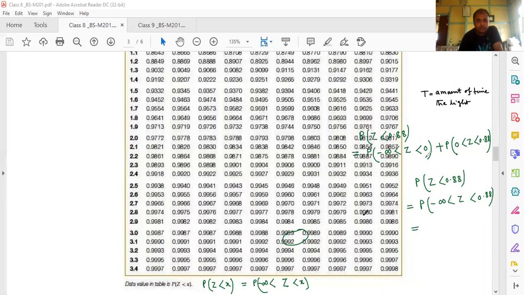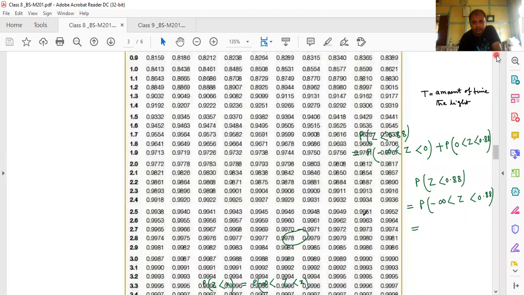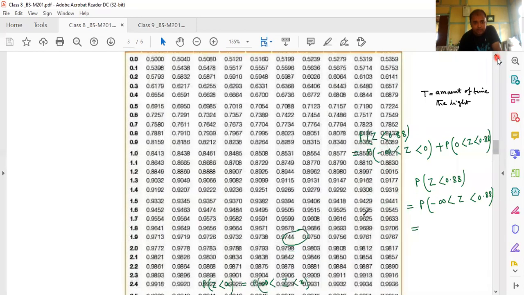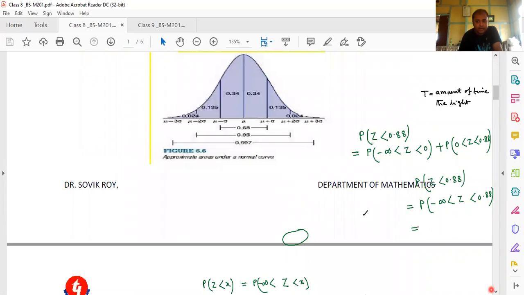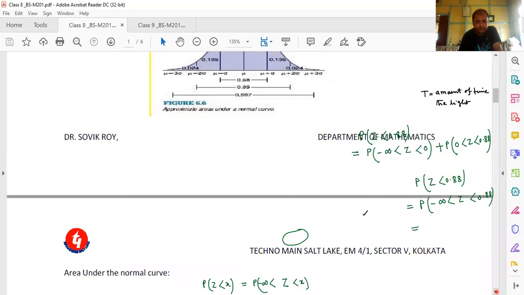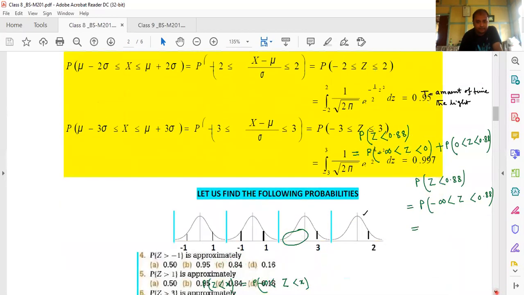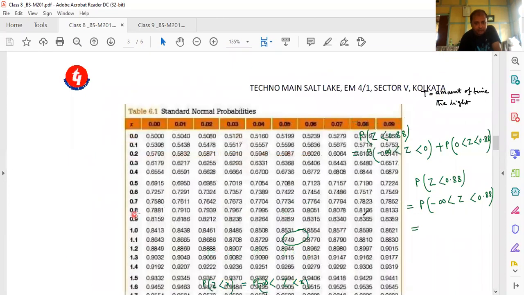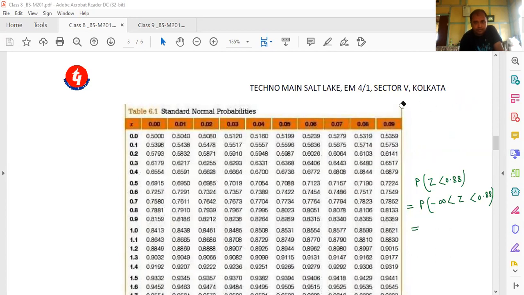Okay. Now what you are supposed to do is that try to identify the row heading, that is 0.8. First of all, try to identify the row heading from the table. Now here you see 0.8 is there, and I want 0.88.